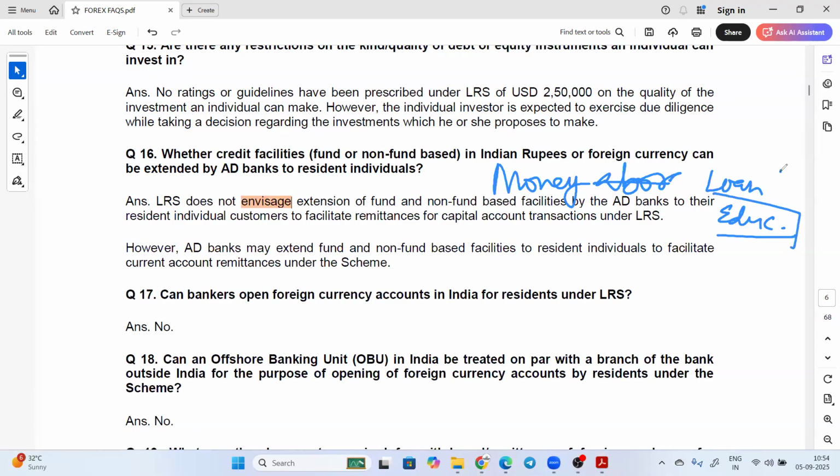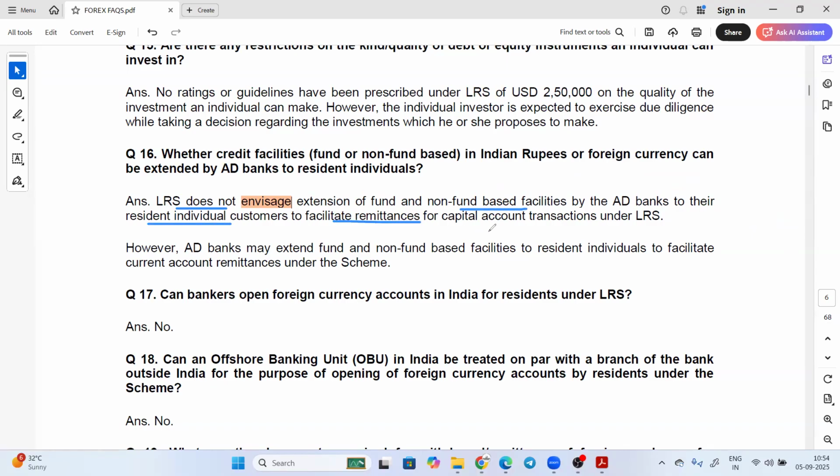Except education loan, it should not be any loan when we are sending money abroad. That is why they are saying that LRS does not envisage extension of fund and non-fund based facility by AD to their resident individual customer to facilitate remittance for capital account transaction. However, AD may extend fund and non-fund based facility to facilitate current account transactions. Okay, so for current account it can be done, but it cannot be done for capital account.